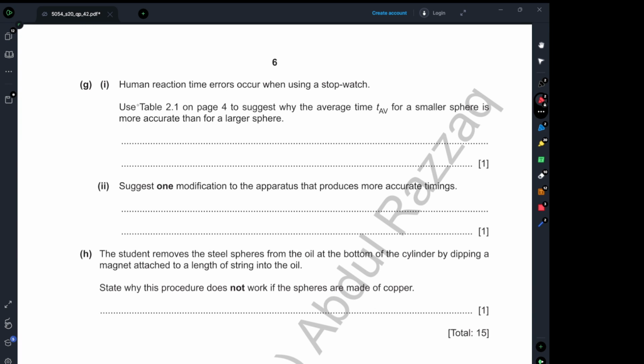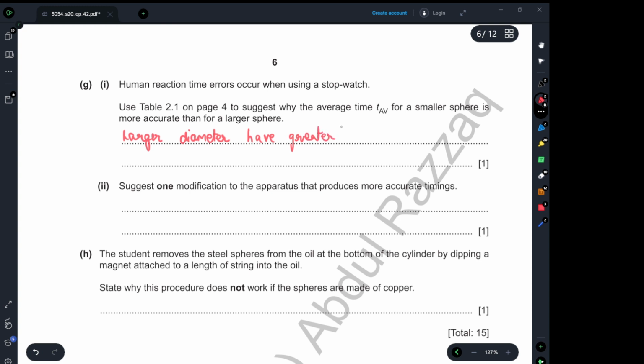So what we can say is we can simply say that, alright, because larger diameters have greater terminal velocity, hence more difficult to measure time.